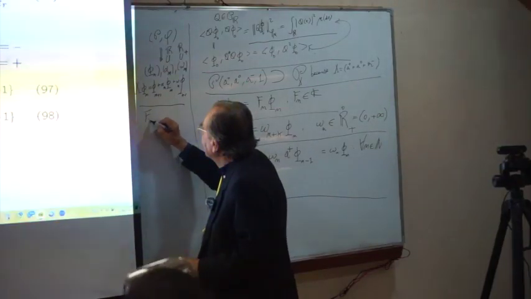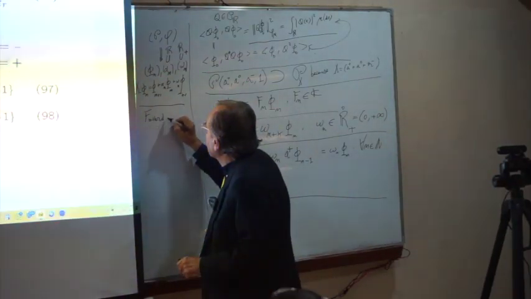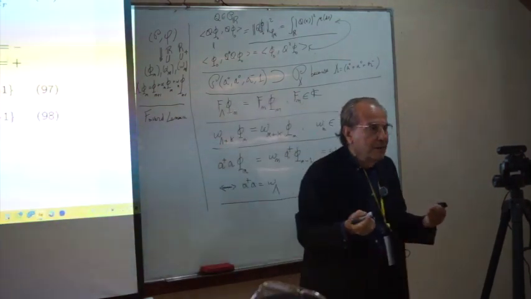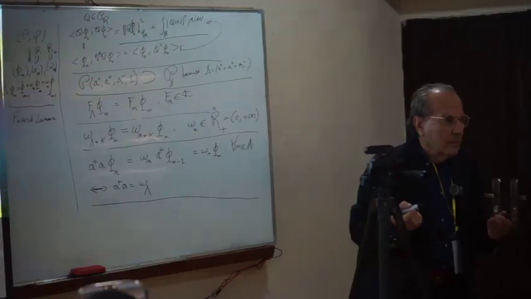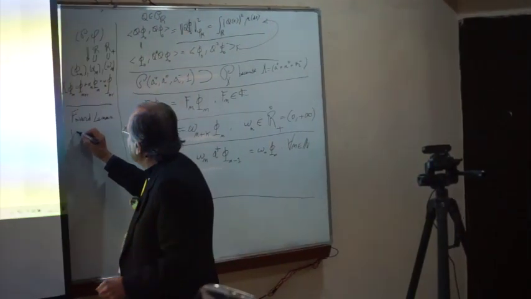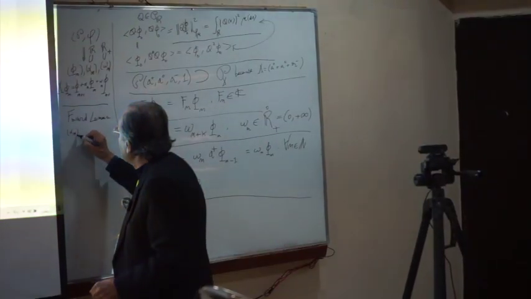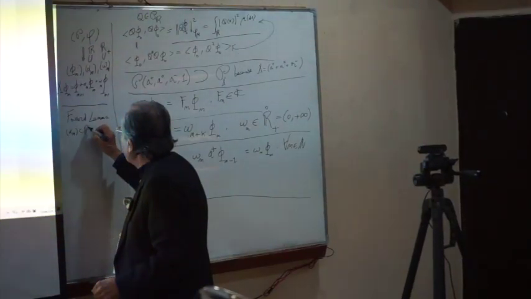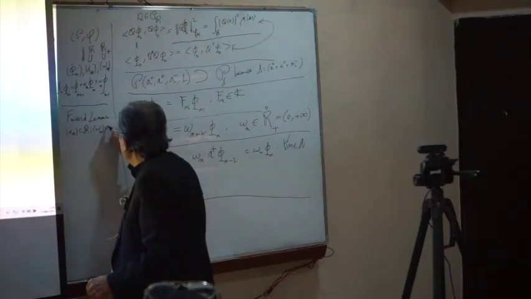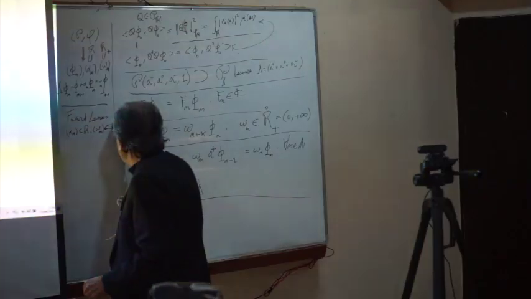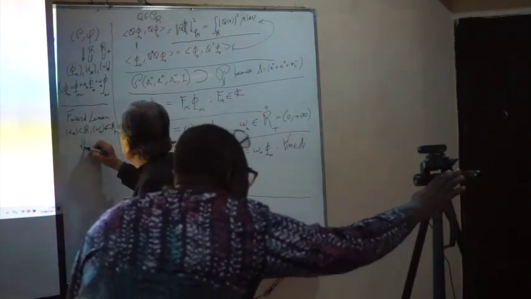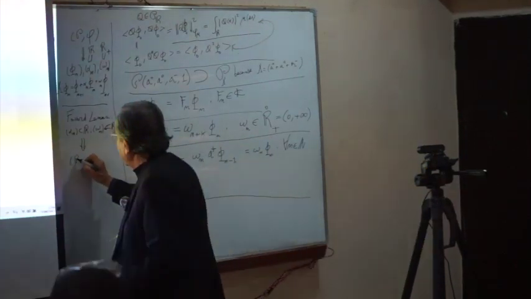The Favard lemma is the converse statement of this. You start from the two sequences, alpha n, real numbers, and omega n, positive real numbers, and you deduce p.